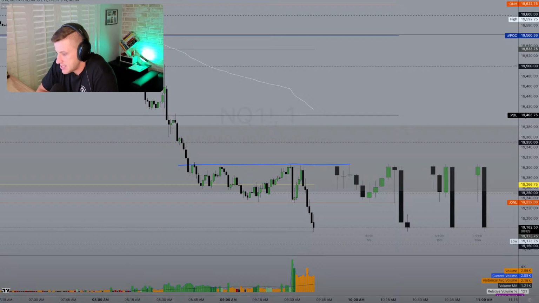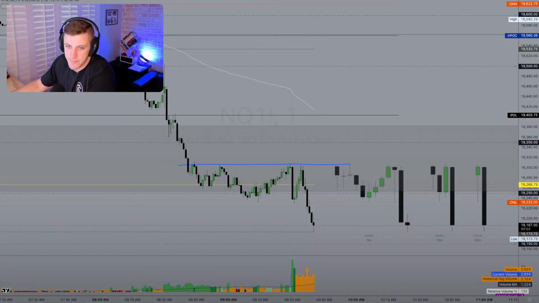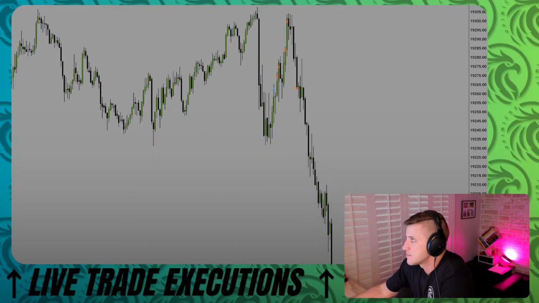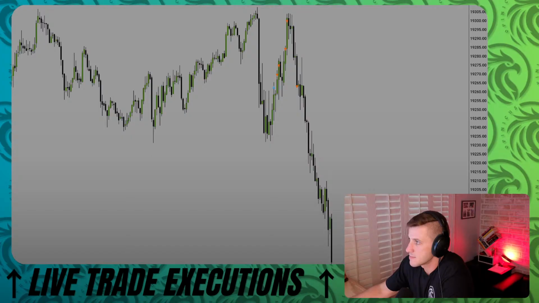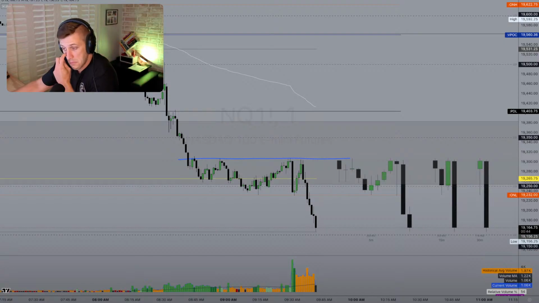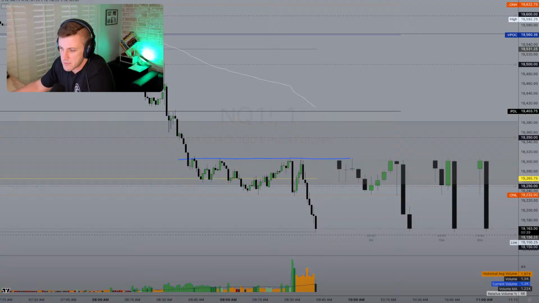NASDAQ coming into the 19,150 level of interest. Still just with the one trade here. There's 150. And NQ is down almost 2.5%.